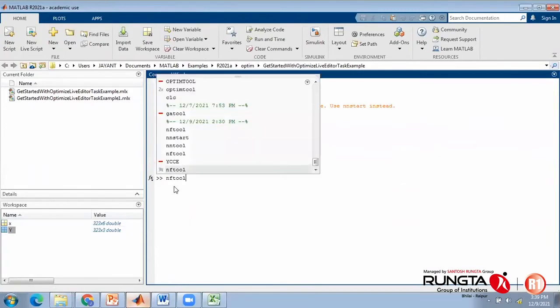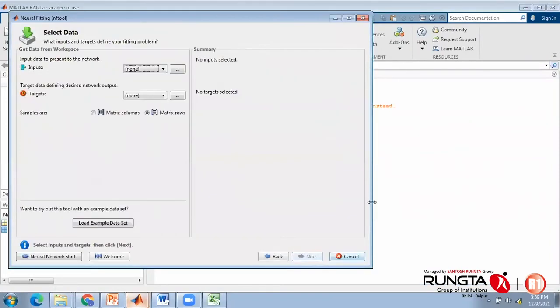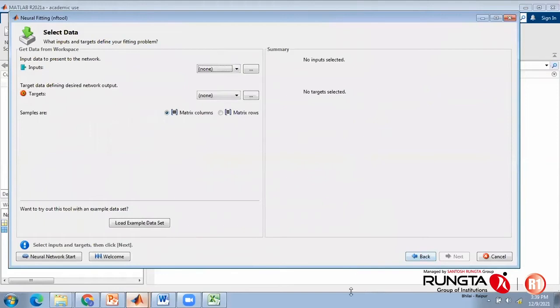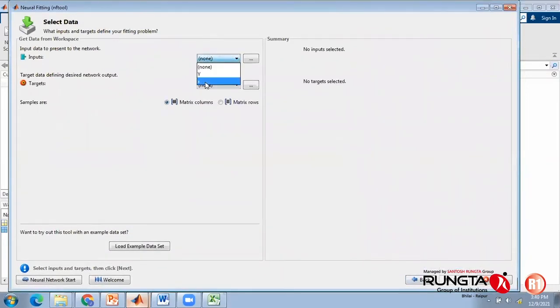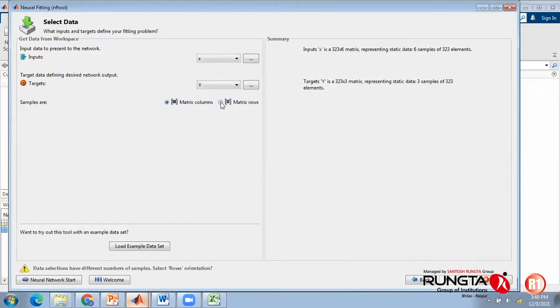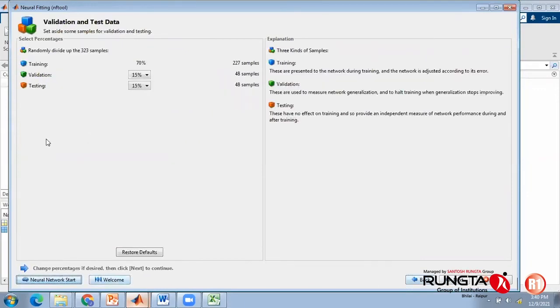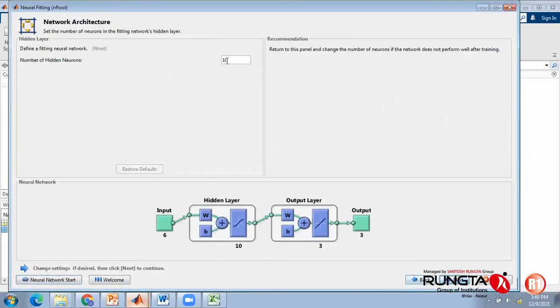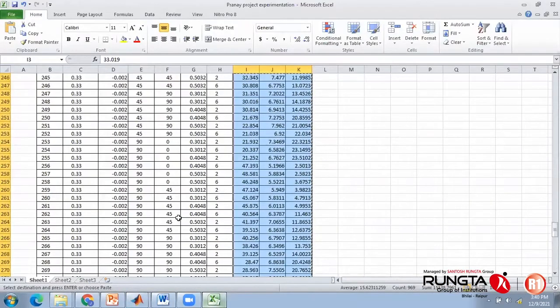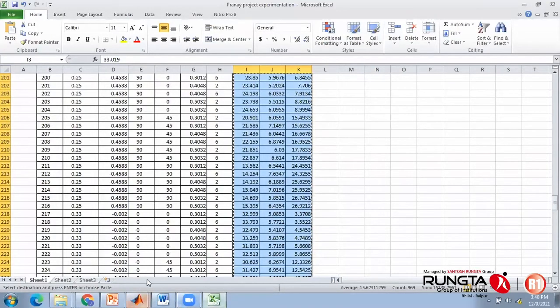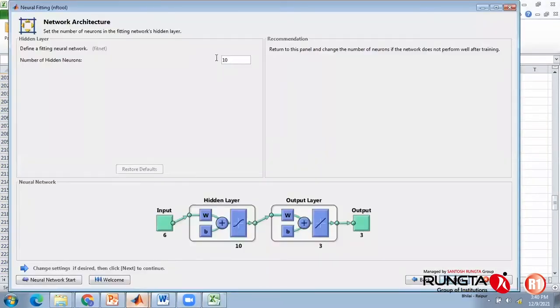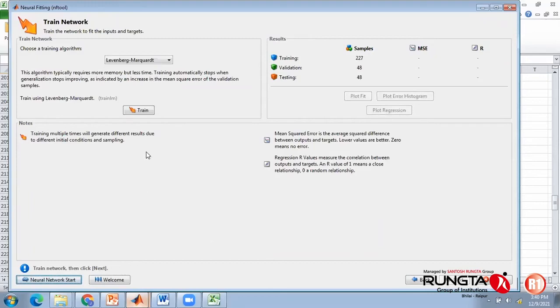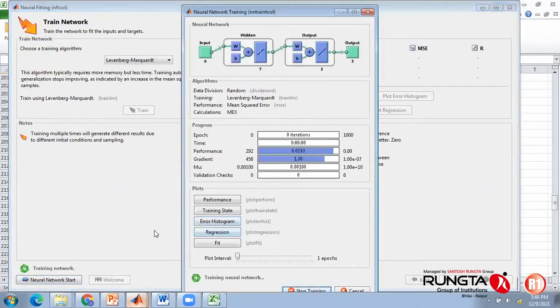Okay, so NF tool. Now I can do it in a faster mode. X input, Y, matrix rows. This is okay. So how many inputs do we have? Three to six. So let me set a topology of, say, 6, 7, 1. The network is being created. So train.